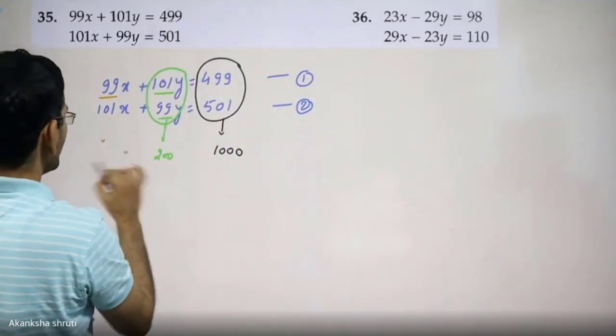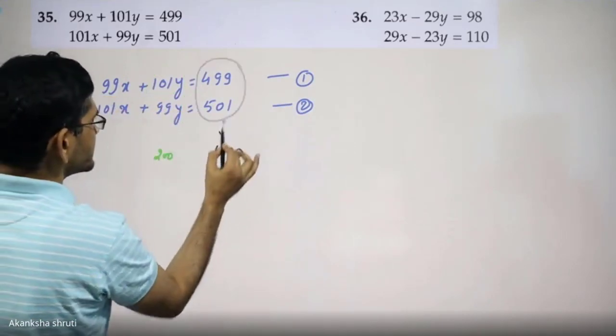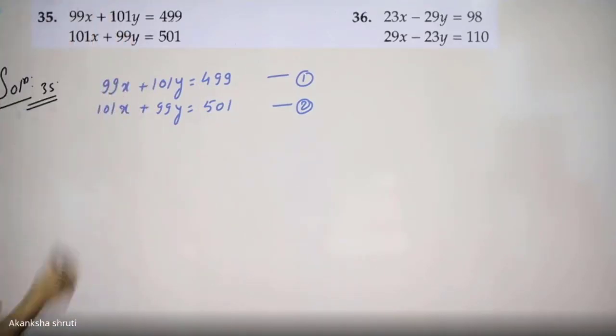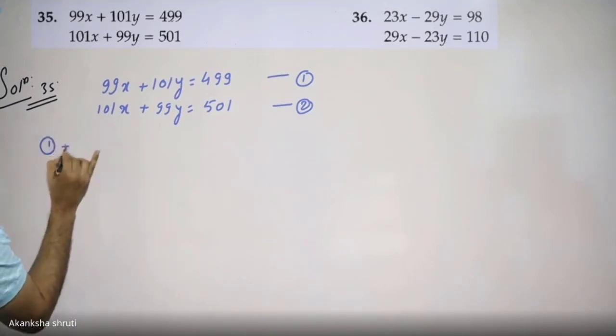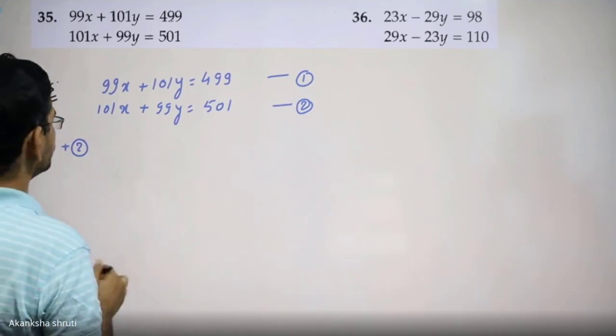Students, what we are going to do here is to reduce this bigger calculation. To reduce the bigger calculation, one time you need to add 1 and 2. Just go for adding this.